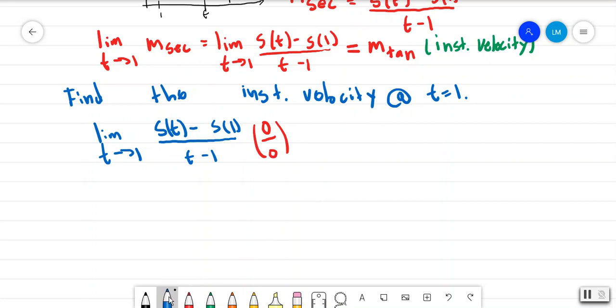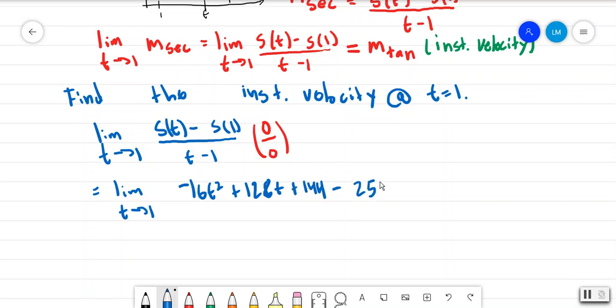So this is the limit as t approaches 1 of s of t, which is negative 16t squared plus 128t plus 144 minus 256, all over t minus 1.